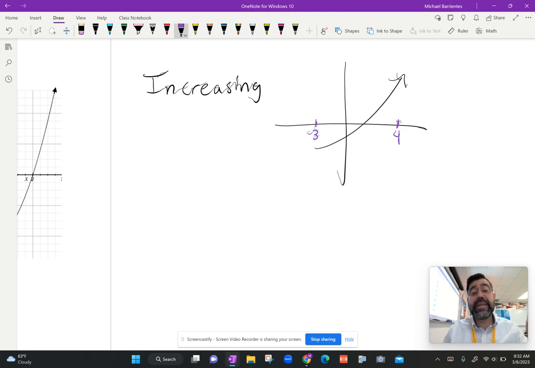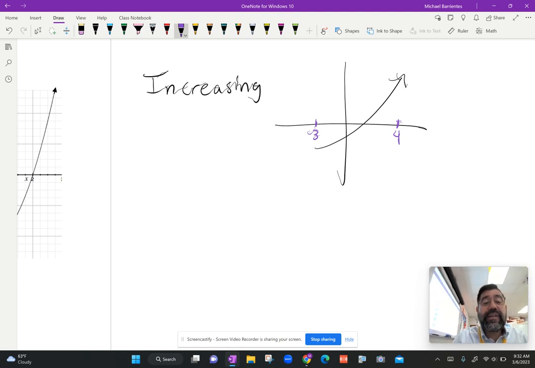I know that it's increasing if for any two x values on that window, you can pick any x values between -3 and +4, if the first one is smaller than the second one, then the y value, or we call it the function value, of the first one is also smaller than the second one.